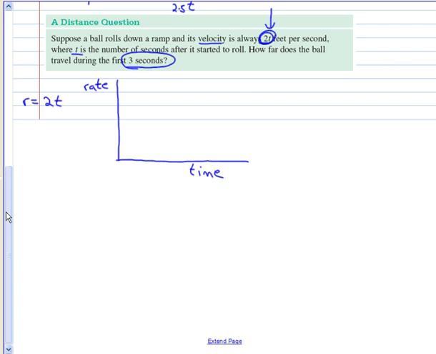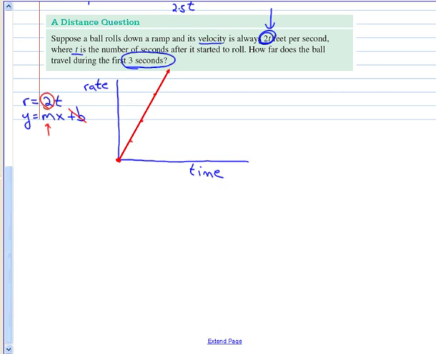Just like y equals mx plus b, the y-intercept is 0, right down here. Our slope is 2, so rise 2, run 1, rise 2, run 1, something like this. So we have this rate going like that.